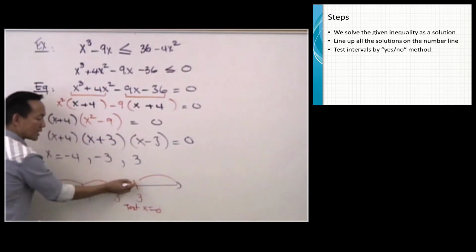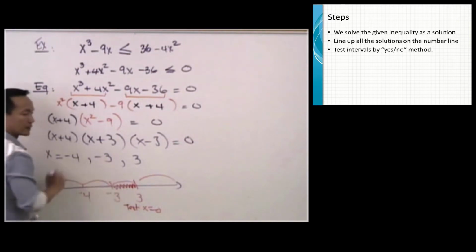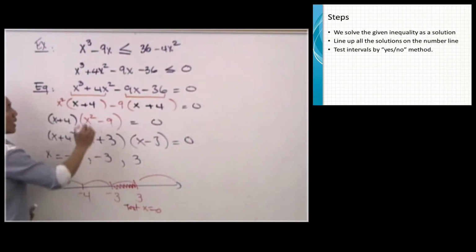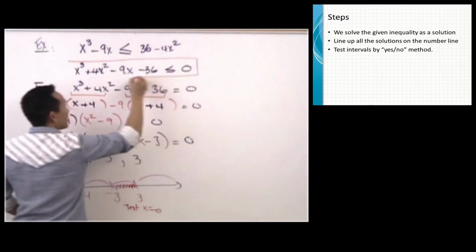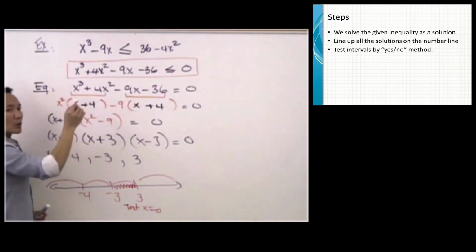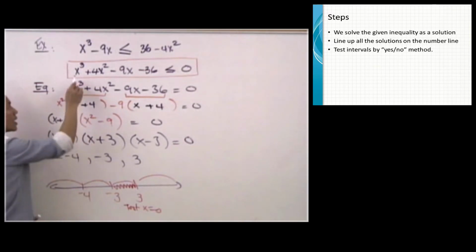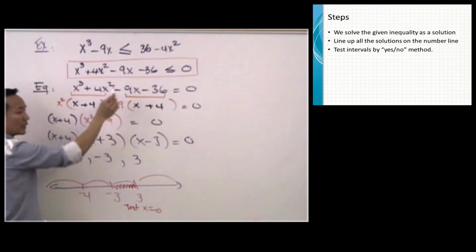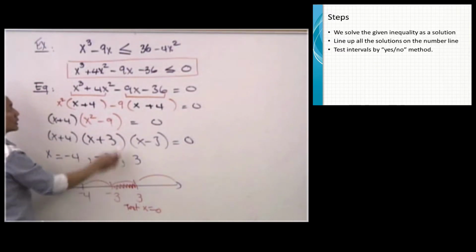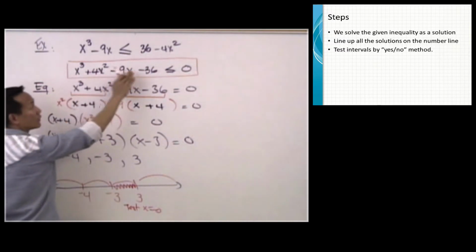I choose to test this interval. I go back to this step. I am going to replace x with 0. The reason I pick 0 is that when you substitute 0 in, you cancel a lot of terms.